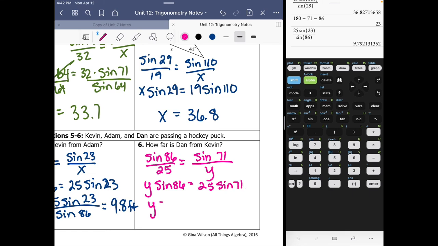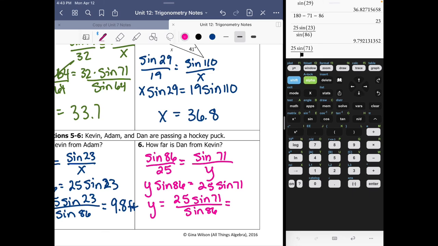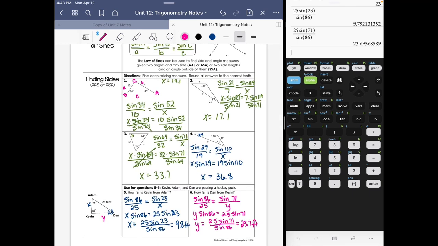Then when you set that up with the division, you've got 25 sine of 71 over sine of 86. So we're just typing that into the calculator, and we get 23.7 feet apart. And so Dan and Kevin are 23.7 feet apart.